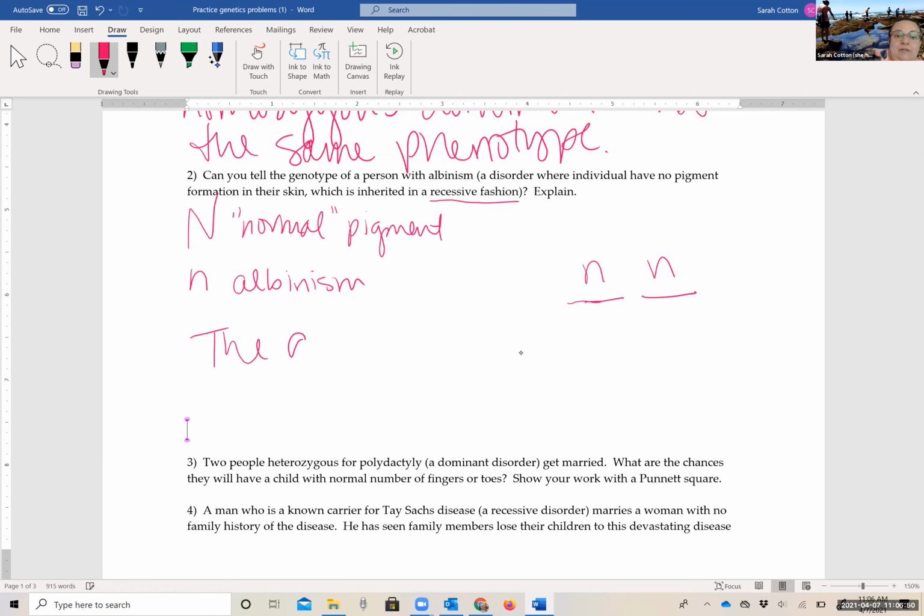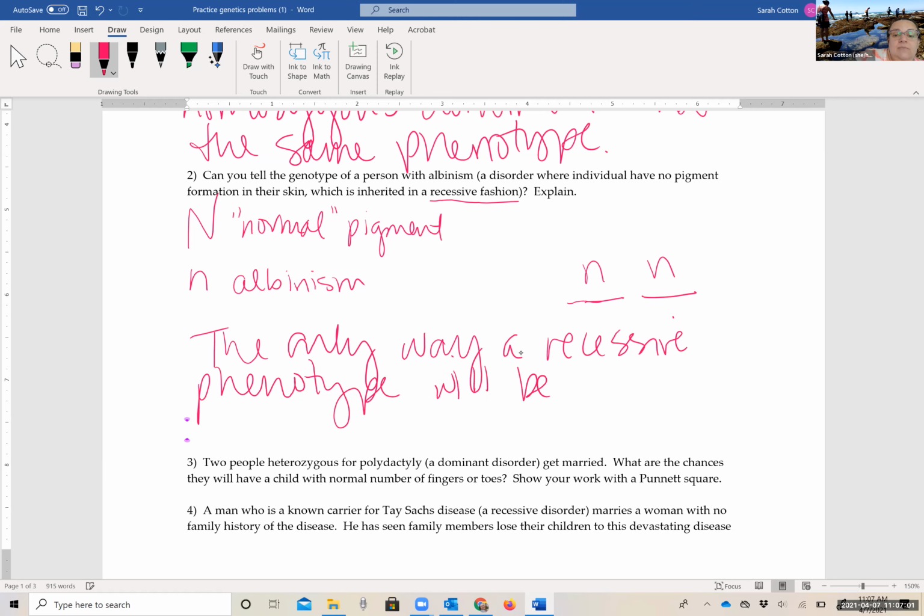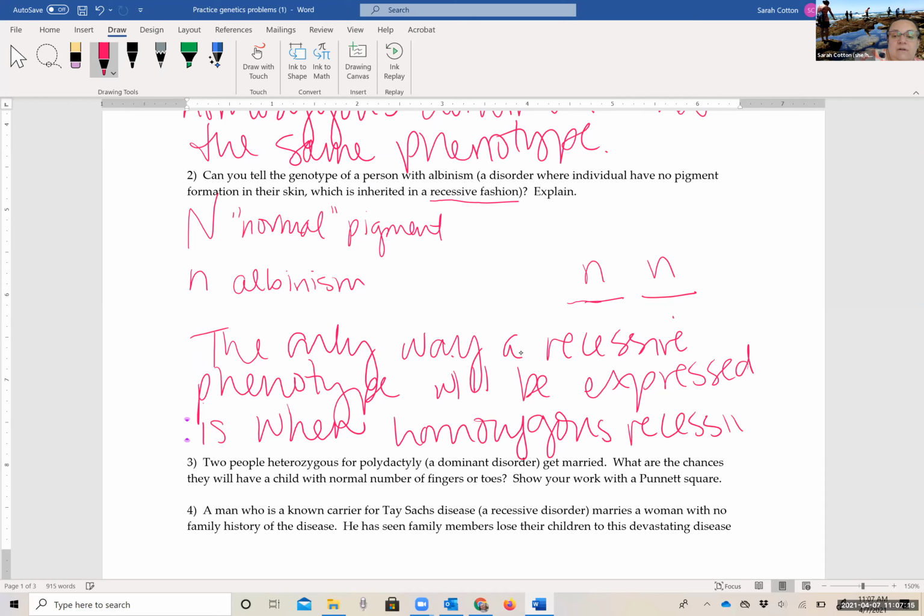The only way a recessive phenotype will be expressed is when homozygous recessive. Sorry, this is messy. Because any dominant allele is going to cover that up, and then you wouldn't see that phenotype.